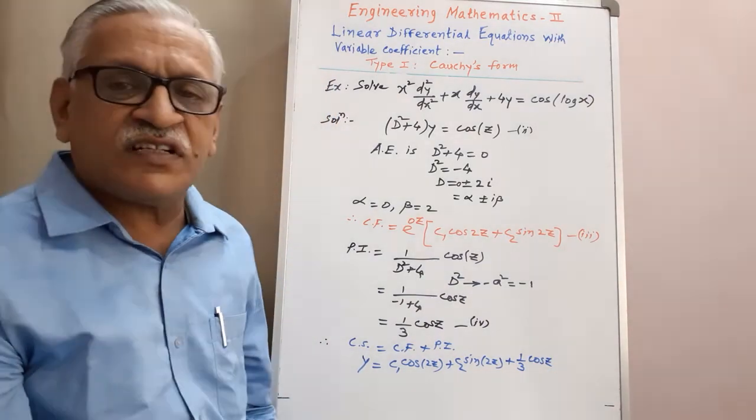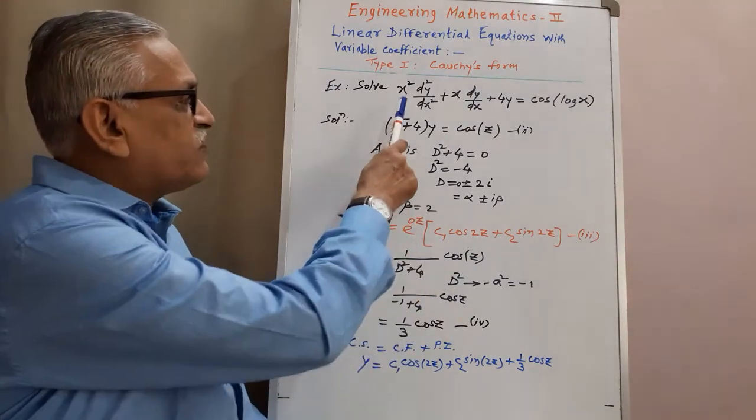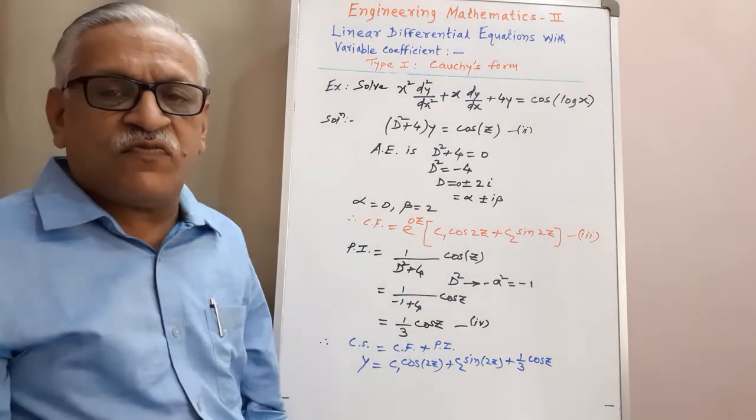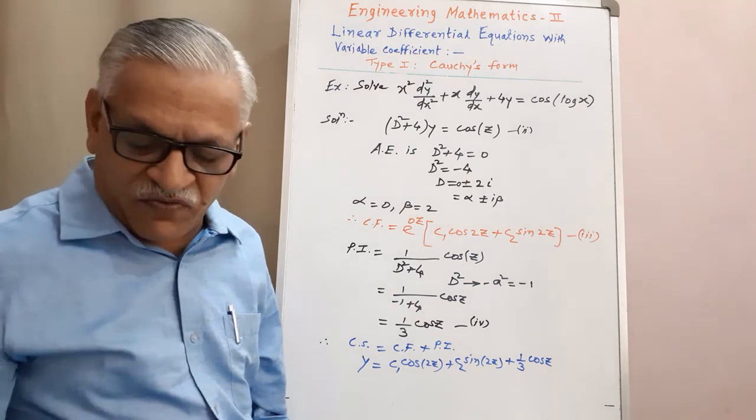Here we are getting the solution in terms of y and z. The original equation is in terms of x and y, therefore the final solution also must be in terms of x and y.